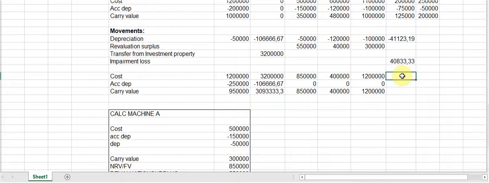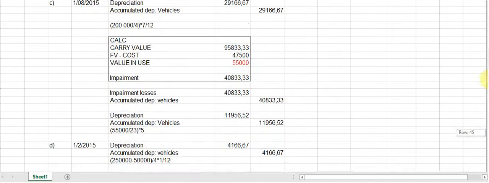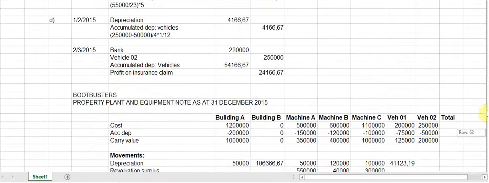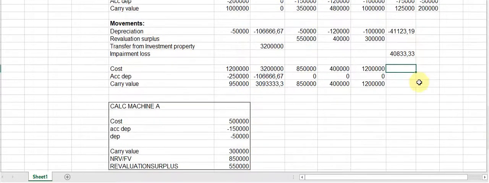At the end of the year, the cost price of the asset will still be the original cost price as we've always known, 200,000. And now the accumulated depreciation, just want to make sure it is typed negatively. Impairment losses should be negative.